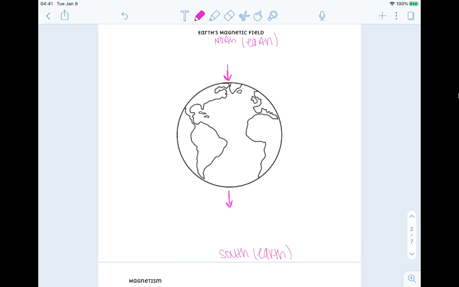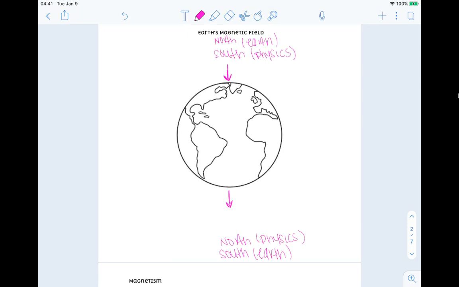So when we're talking about the magnetic North Pole and the magnetic South Pole, really what we have is this up here is the South Pole in terms of, we'll say, physics. And down here is really the North Pole in terms of physics. So don't get confused with the fact that we know north is on the top and south is on the bottom of the Earth. That's true geographically, but in terms of physics, in terms of the magnetic south and north pole, it's switched, or it's different than what we call Earth.